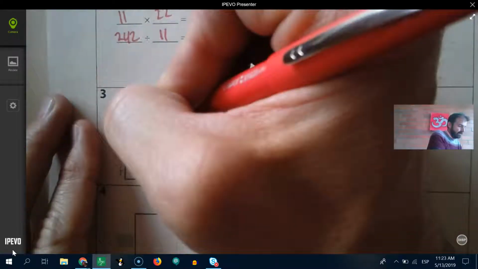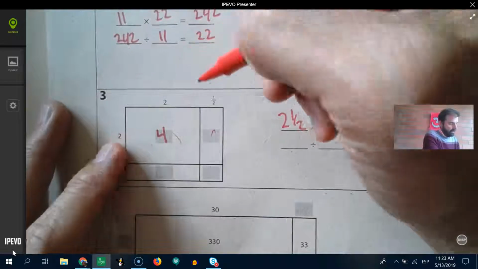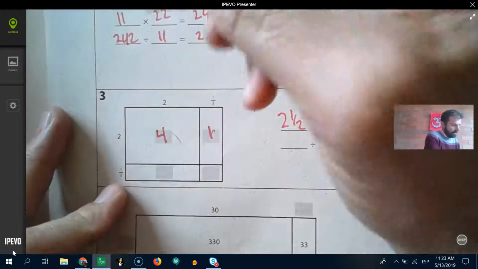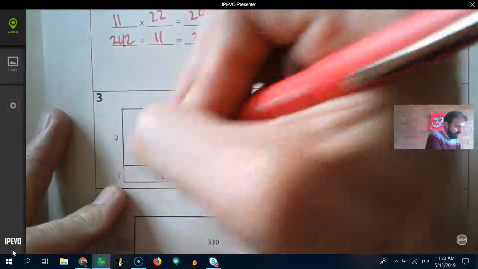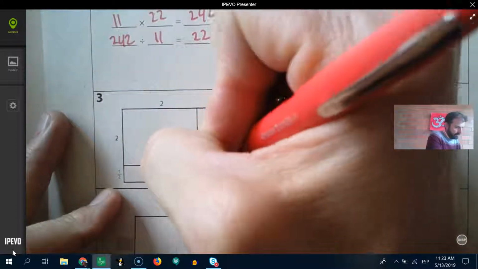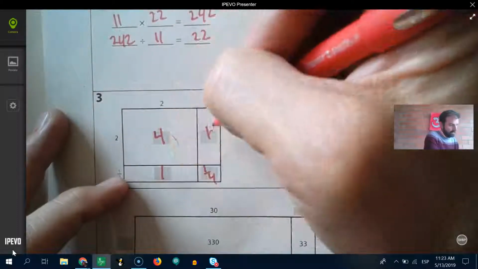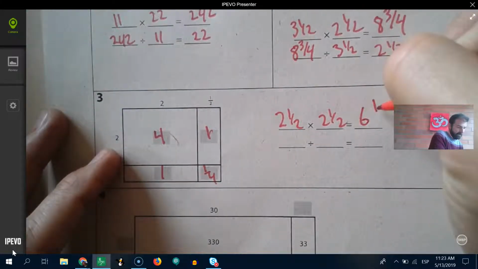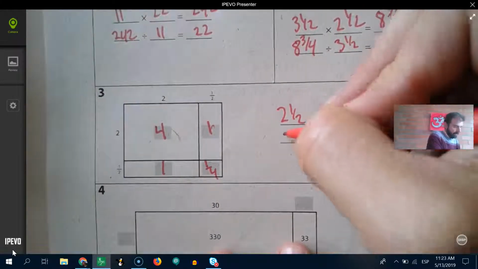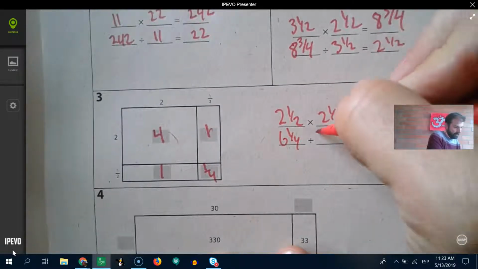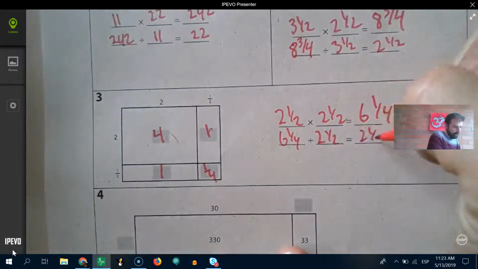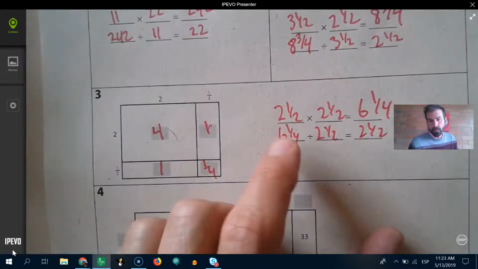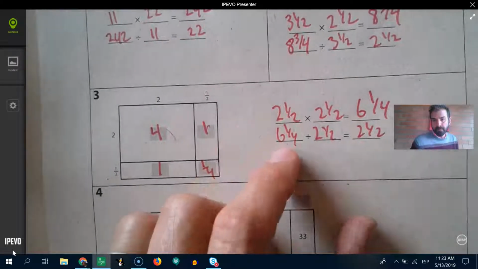So 2 by 2 is 4. 2 by a half, or half of 2, is 1. Half of 2 is 1, and half of a half is 1/4. So we add all that together. 4 plus 1 plus 1 plus 1/4 is going to give me 6 and 1/4. So again, I can do 6 and 1/4 divided by 2.5 equals 2.5. So there'd be only one correct answer here.